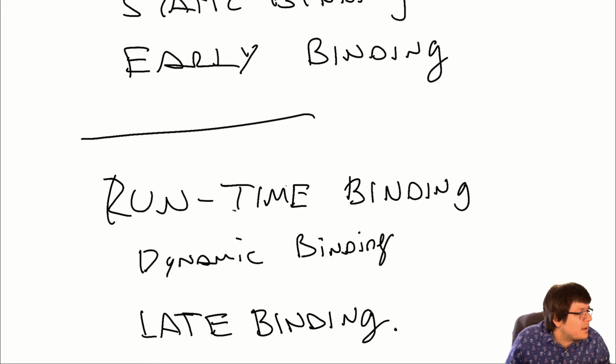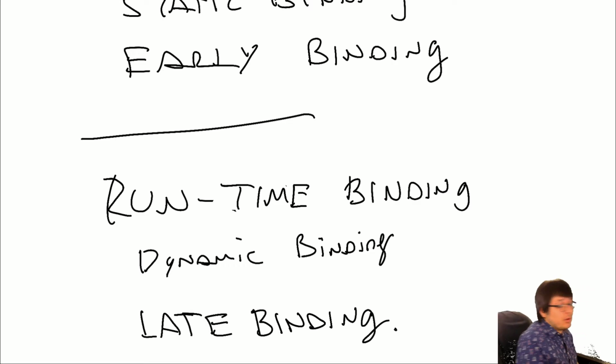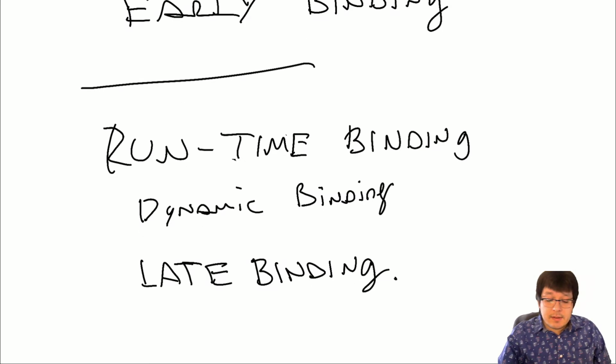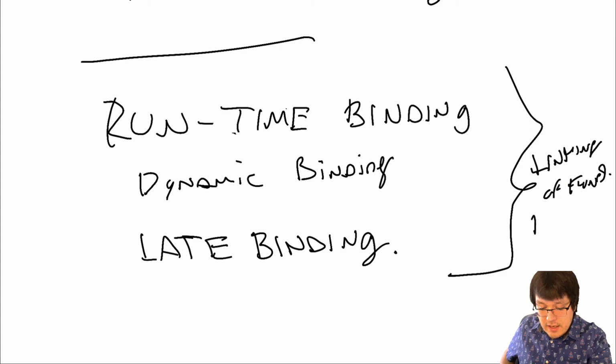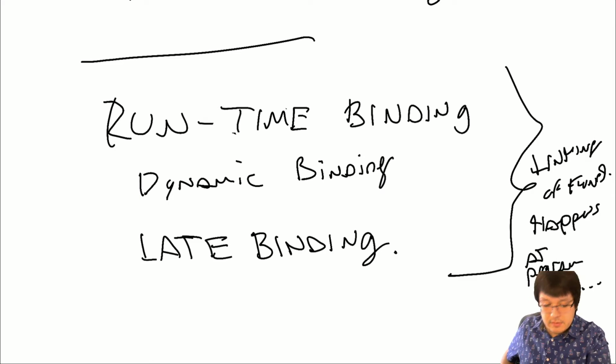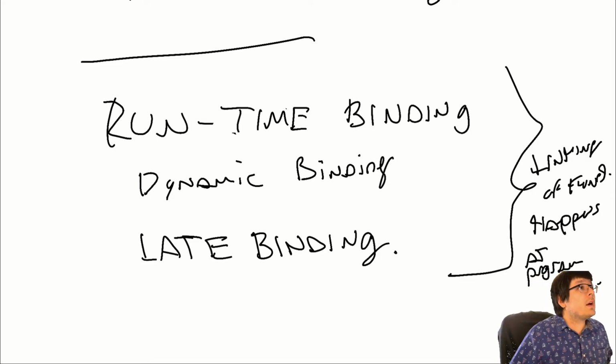So yes, essentially C++ corrects this problem by the mechanisms provided in virtual functions, okay? So again, this means that the linking of the functions happens at program execution, not at compile time.